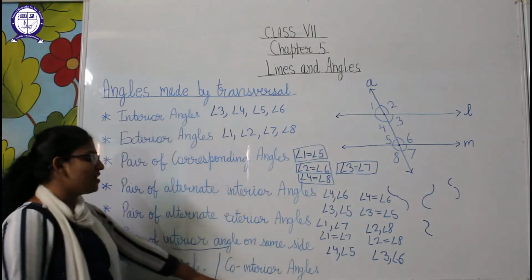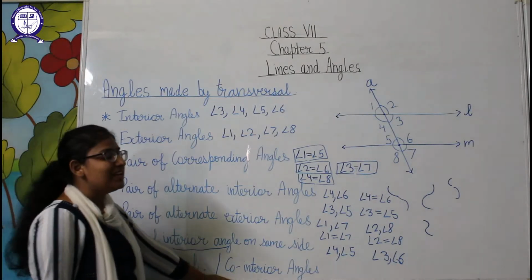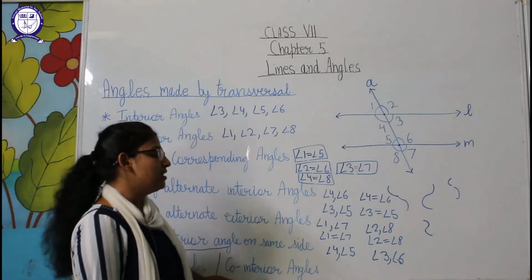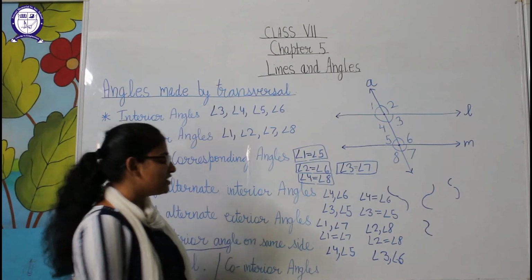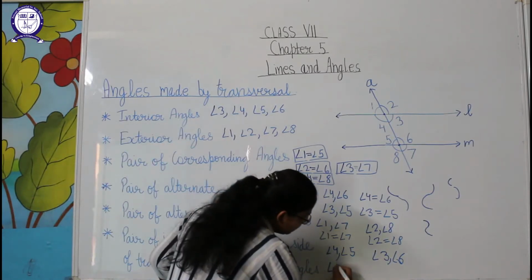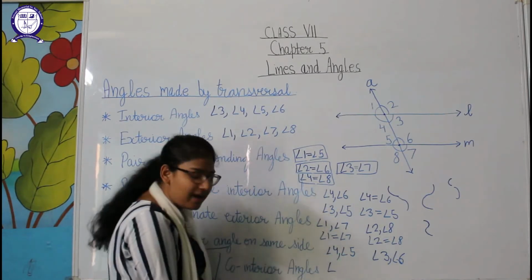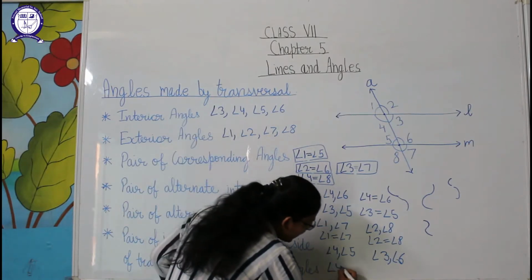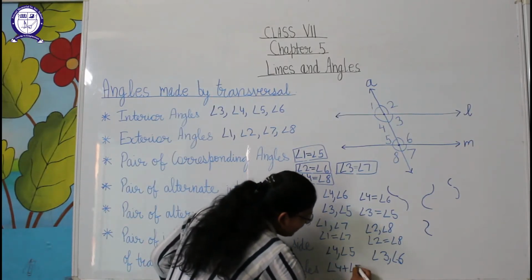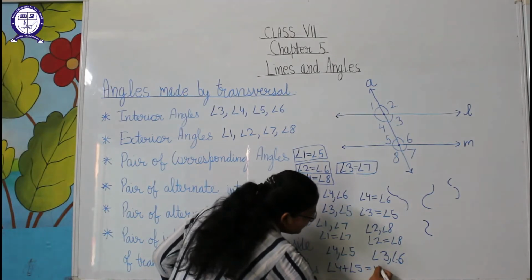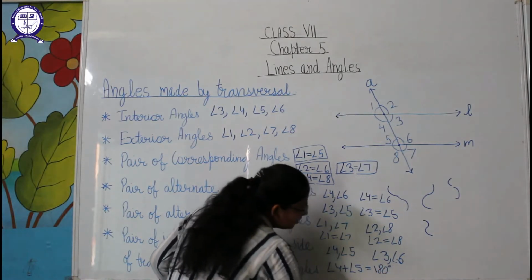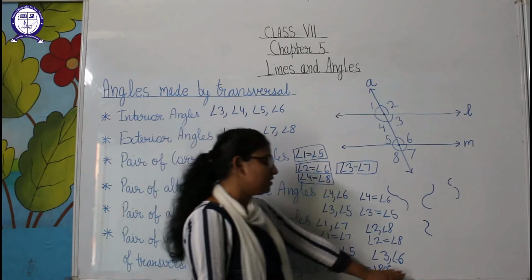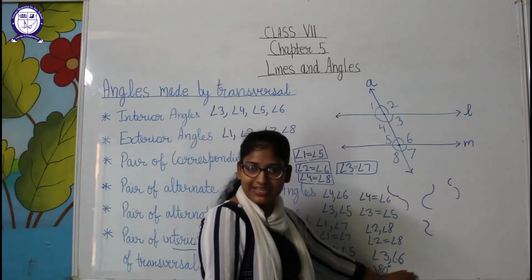Now the co-interior angles are not equal, but their relation is that if we add them, here one pair is 4 and 5, so if we add angle 4 to angle 5, we will get 180 degrees. Similarly, another pair is angle 3 and angle 6.